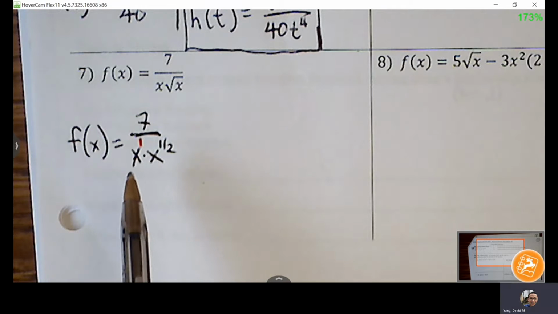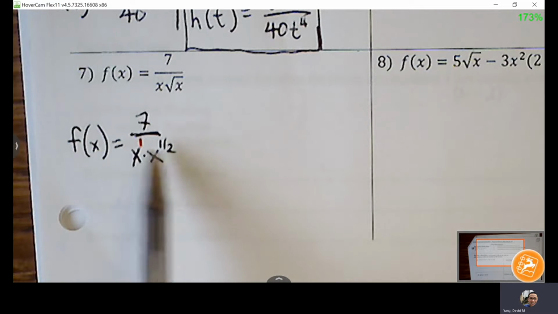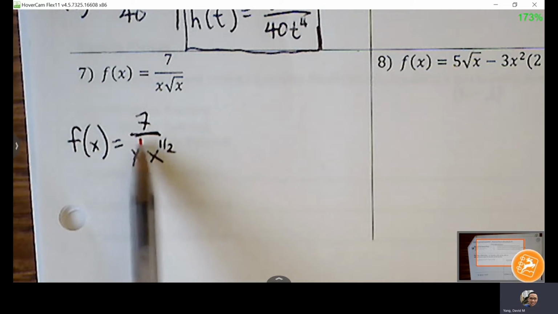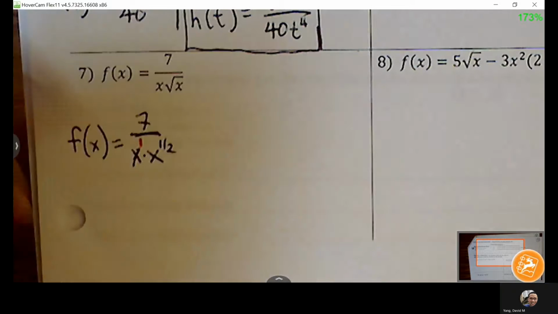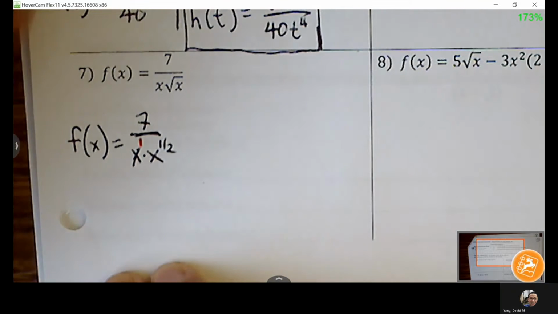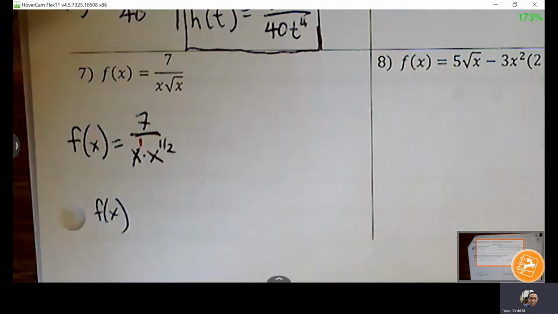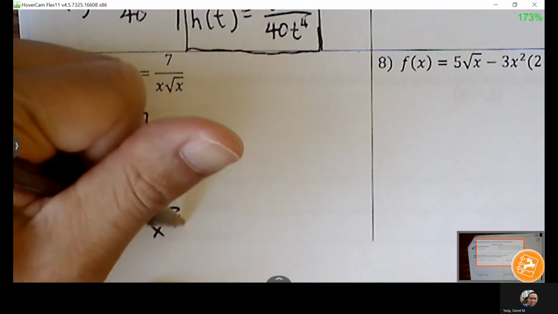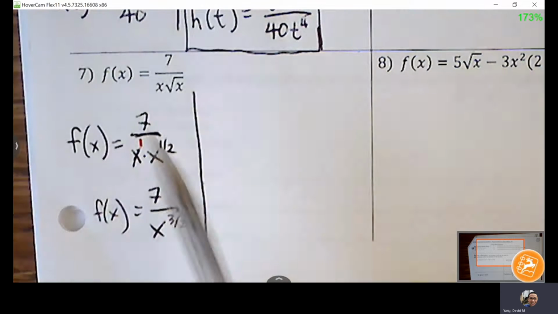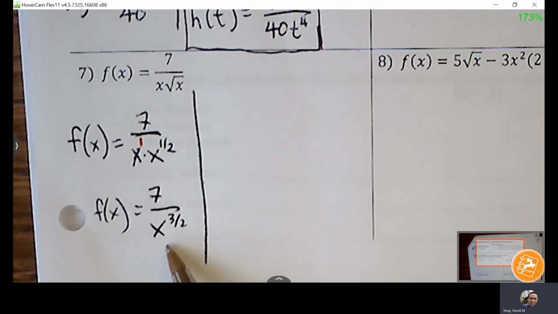Yeah, that's right. I have to add these two. I can't multiply. I got to add them. So 2 over 2 plus 1 over 2 is 3/2. Okay, so we took care of the radical. We pushed the two variables together, and now we can move it.